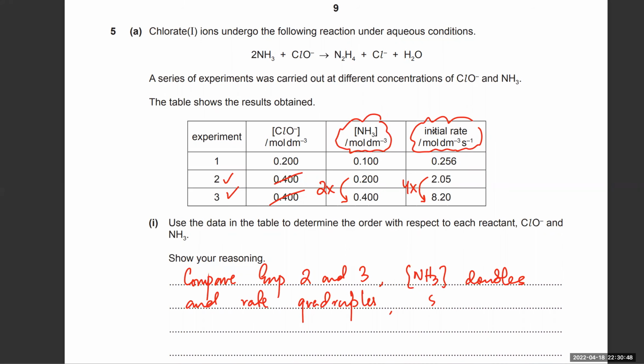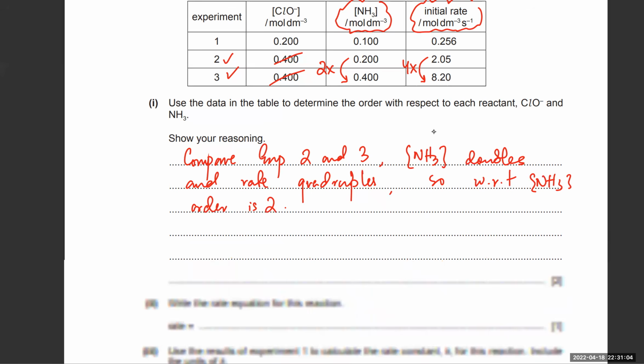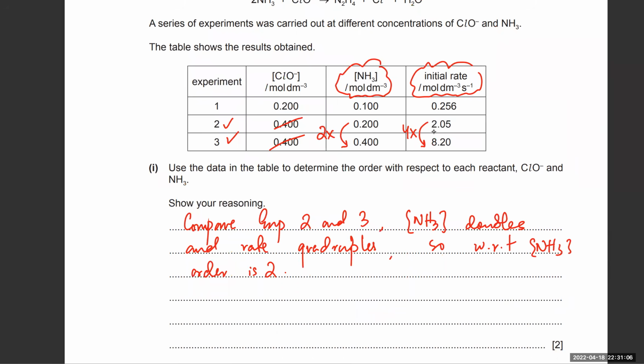So with respect to NH3, order is 2. So it is second order. So that's the first one.